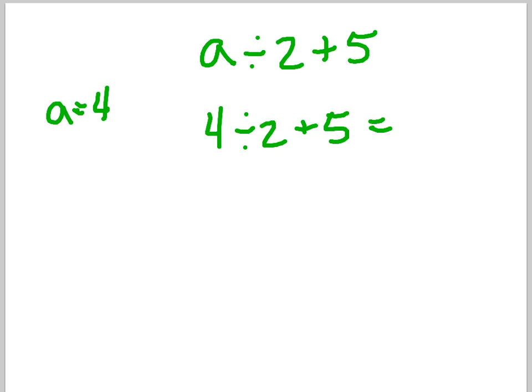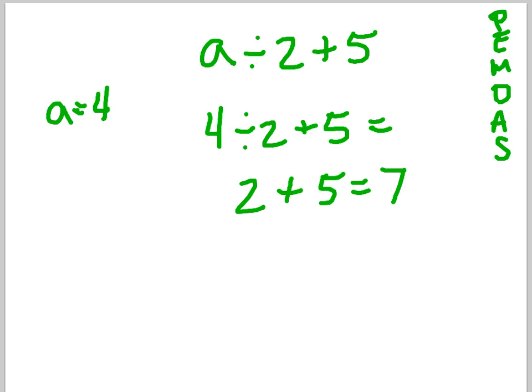So following the order of operations, PEMDAS, no parentheses, no exponents. So we have multiplication or division. Yes, we got division there. So you're going to go ahead and do 4 divided by 2. That will get you 2. Plus the 5. That will give you 7.